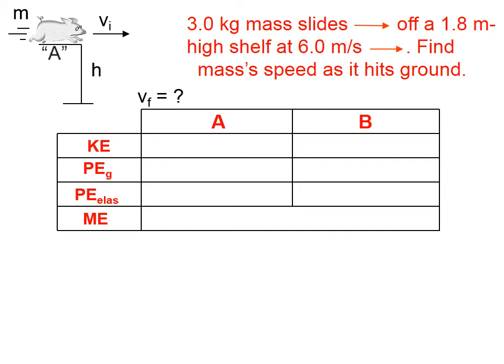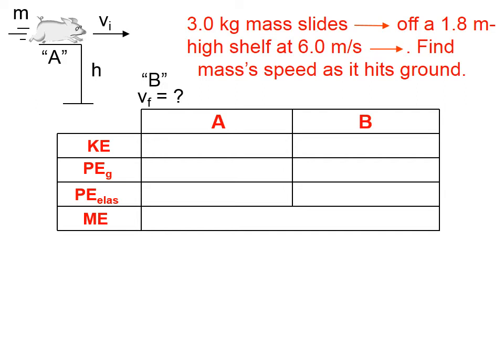We need to take two snapshots of this system. Snapshot A is when the pig is still on the shelf. Snapshot B will be when the pig has fallen down and is a nanometer above the floor.